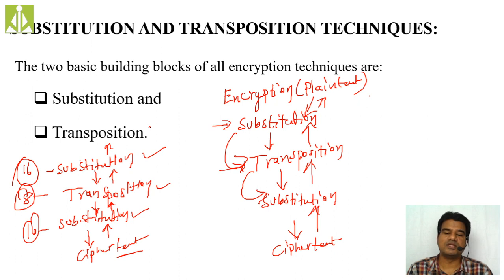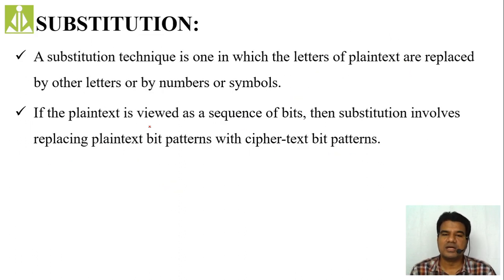So first we'll go with the substitution technique. It is a simple technique. Substitution means the letters of the plain text are replaced by other letters or by numbers or by symbols. Generally, from where do we get these numbers, symbols, and letters? We follow an approach by using the key.